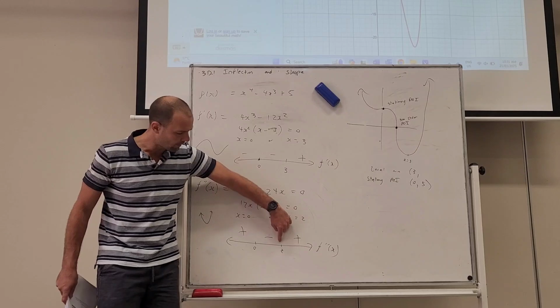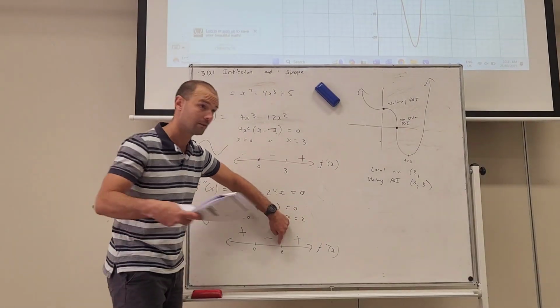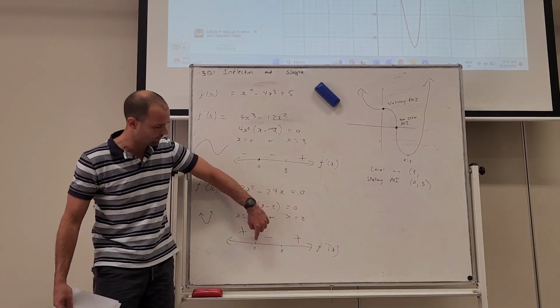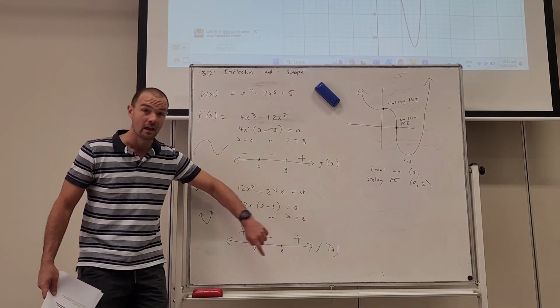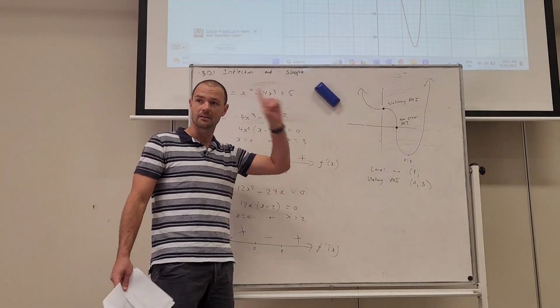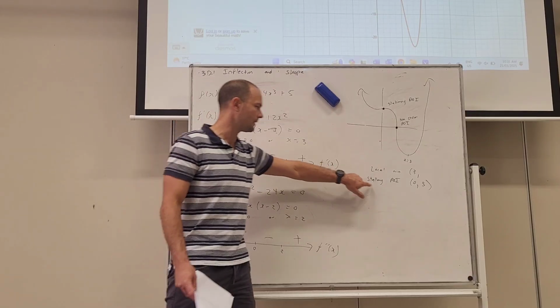And we have another point of inflection here. This is a root of the second derivative. It's where the second derivative equals 0, and the sign diagram changes sign. So both of these are points of inflection. Now we've already found one of them. One of them was revealed to us when we did the first derivative sign diagram.